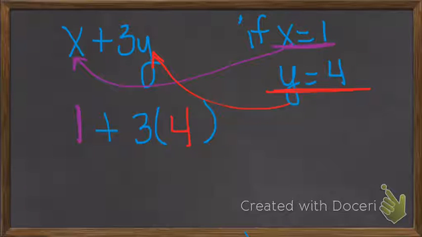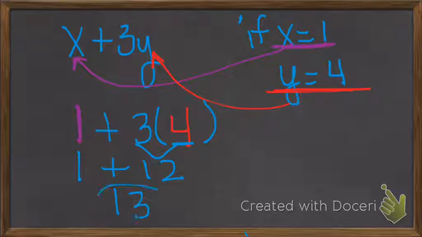So again, we're going to do parentheses. The parentheses that I have listed here is really just indicating a multiplication since there's no sign in here. All right, so we do multiplication or division first from left to right. So we would do 1 plus, and then 3 times 4 would give us 12. And then we add and we get 13.